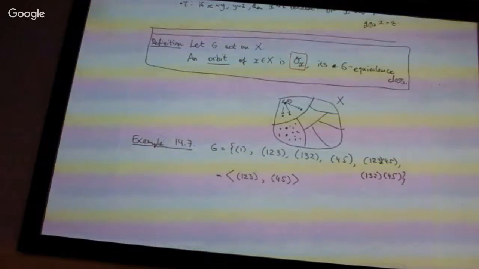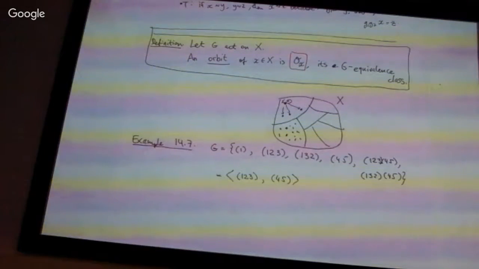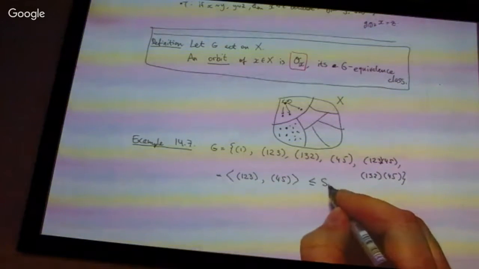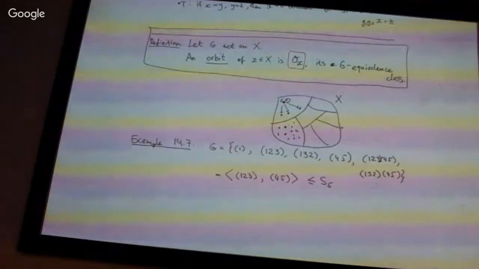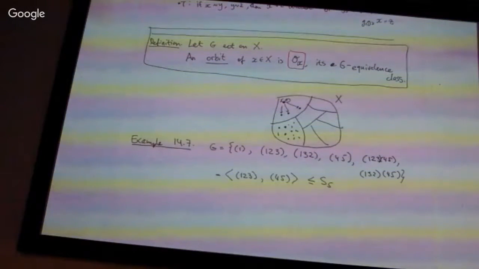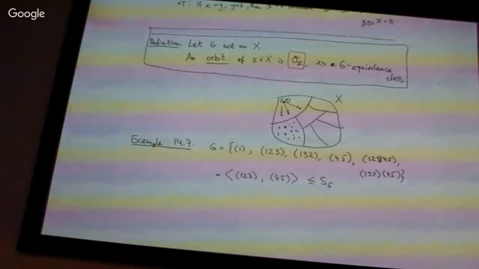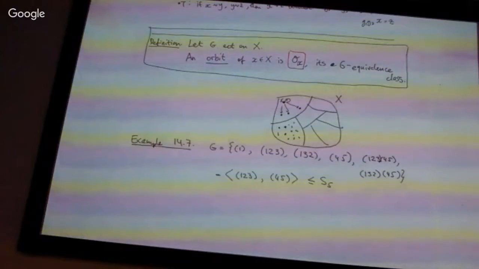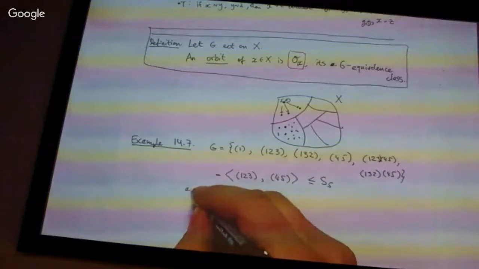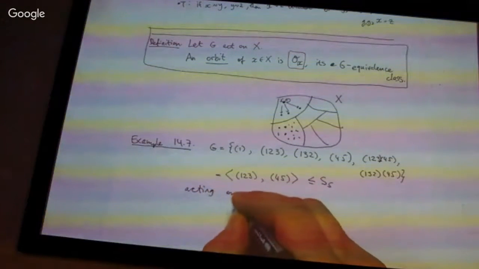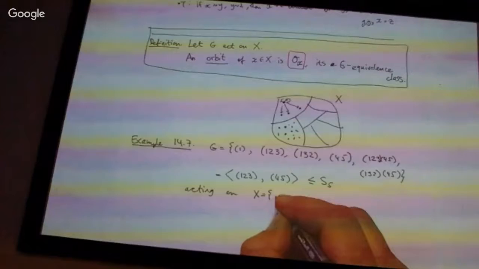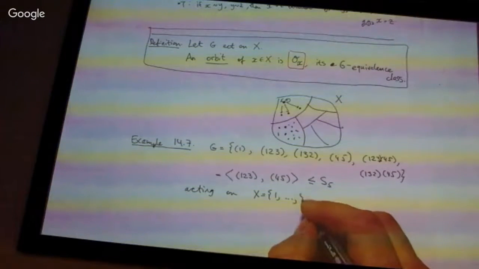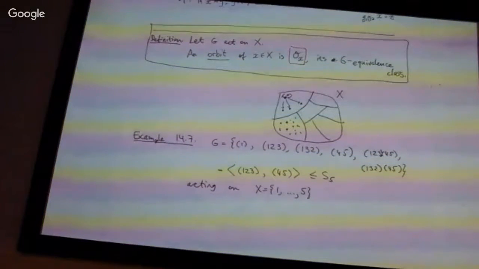And it's a subgroup of S5, the symmetric group on 5 elements. With permutations of 5 elements, the natural thing that it should act on is a set of 5 elements, 1, 2, 3, 4, 5.